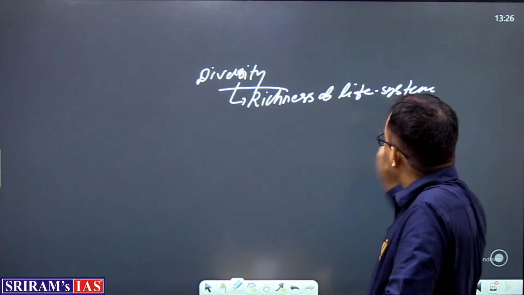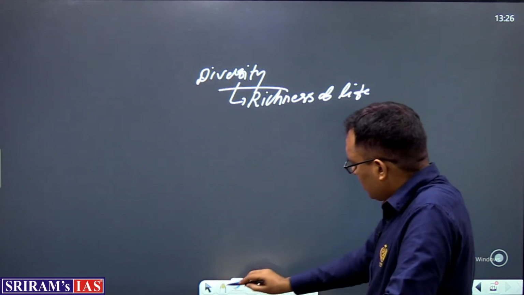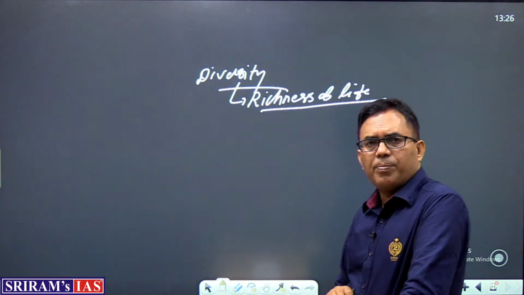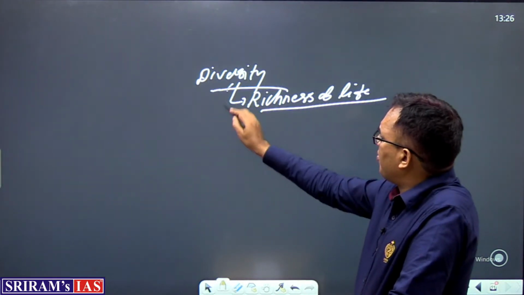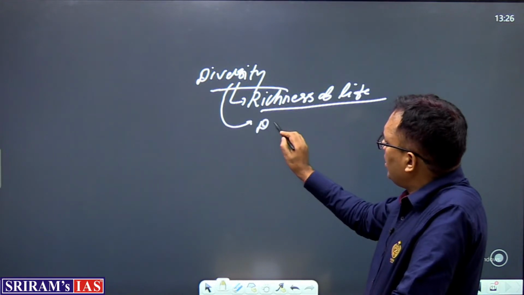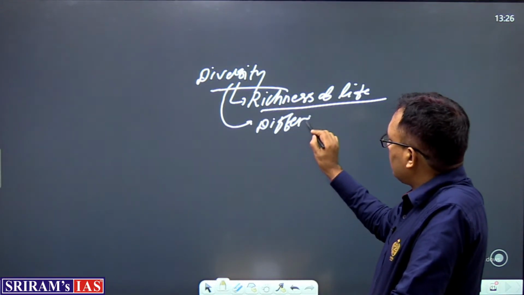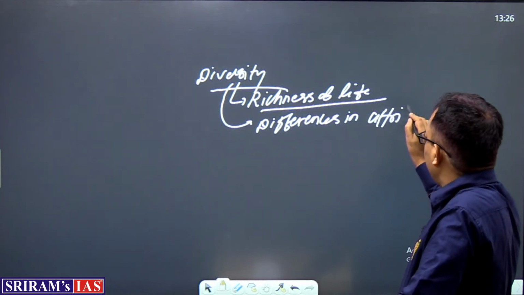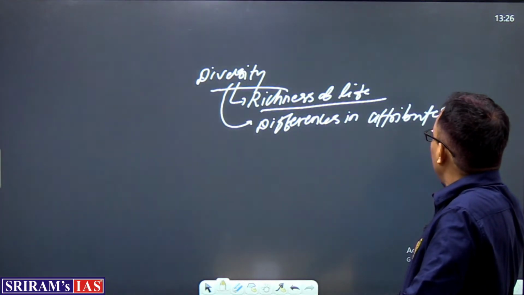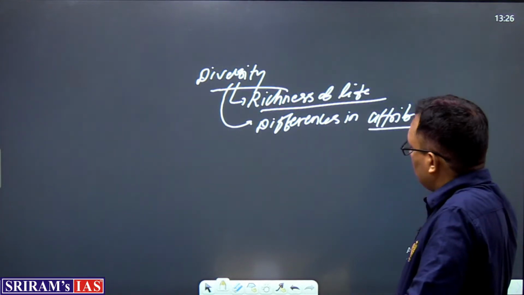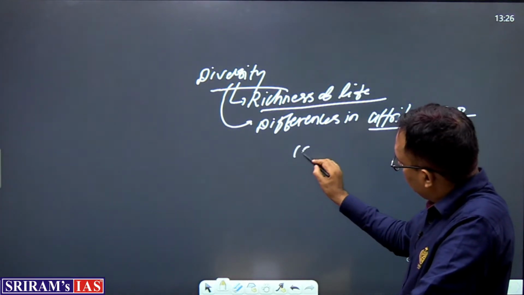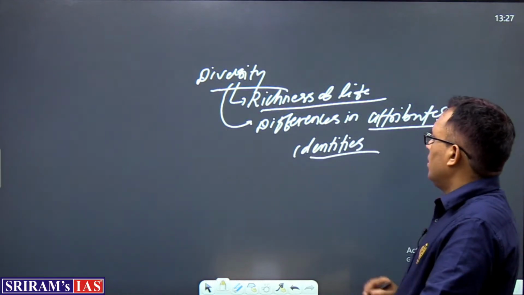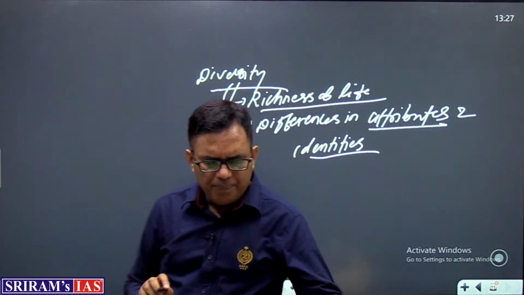If you cannot write life system, to avoid controversy, we can say richness of life, or generally it is found in terms of differences in attributes and identities.